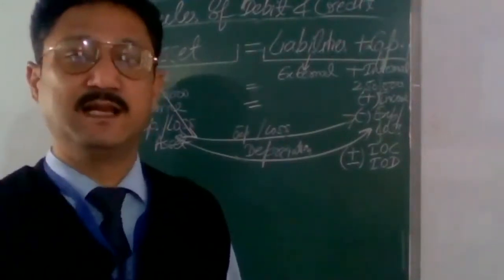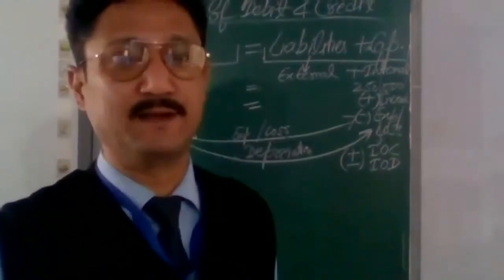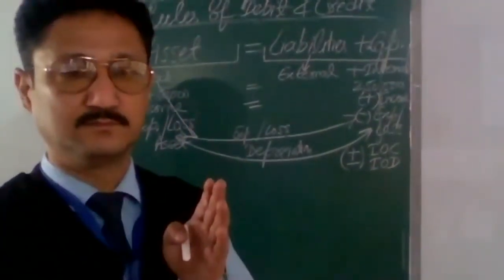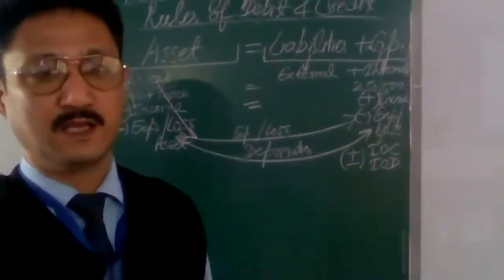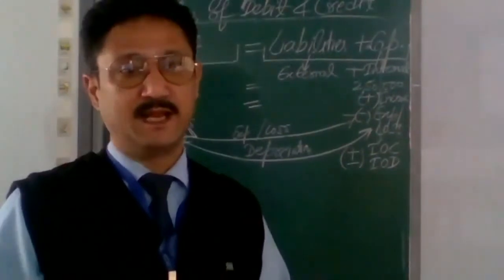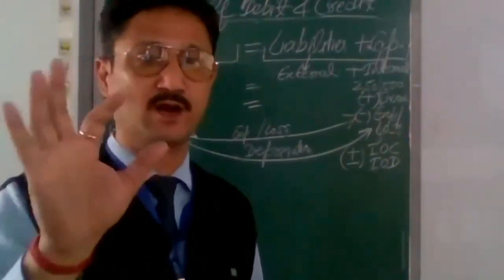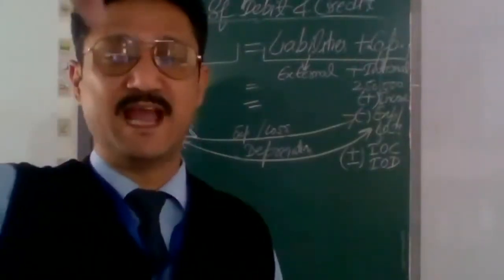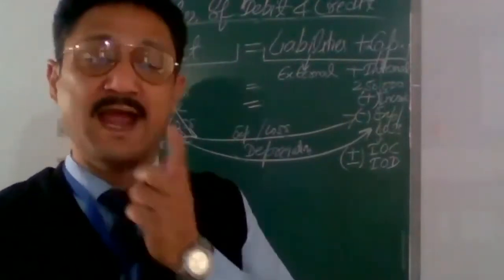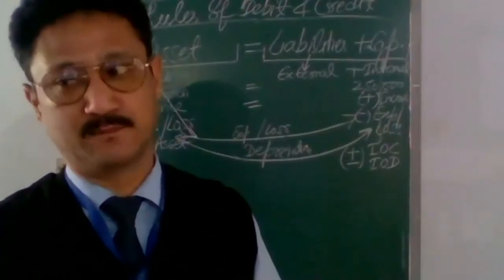Interest on capital is an expense for the firm. It is to be paid to the proprietor, the owner of the firm, because he has invested the capital in the business and the business is paying back interest on capital.